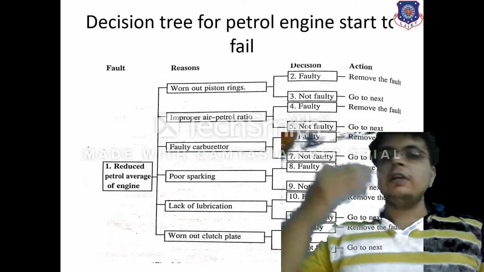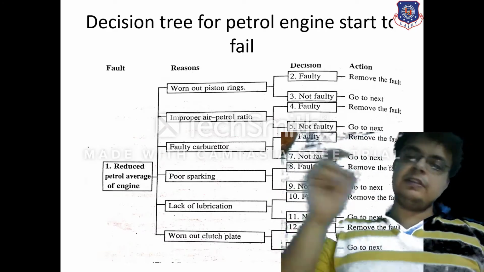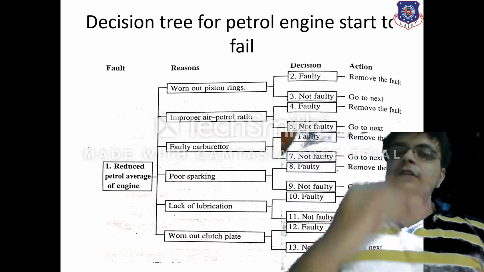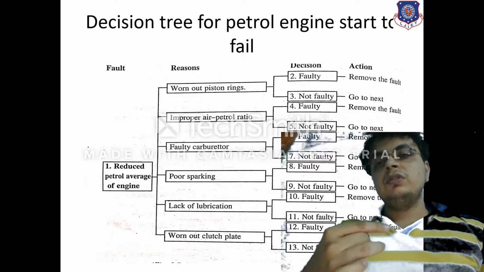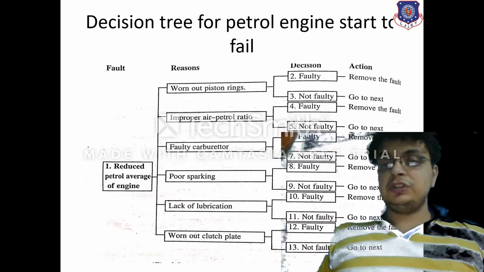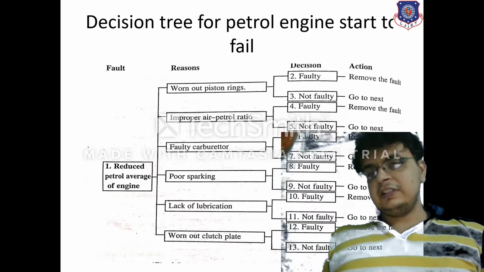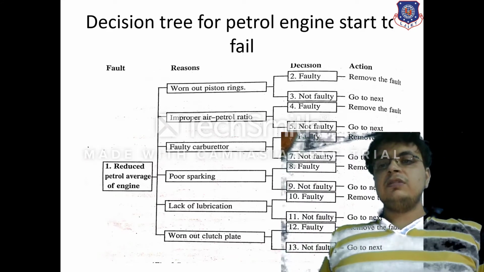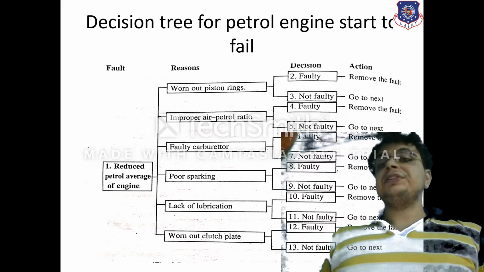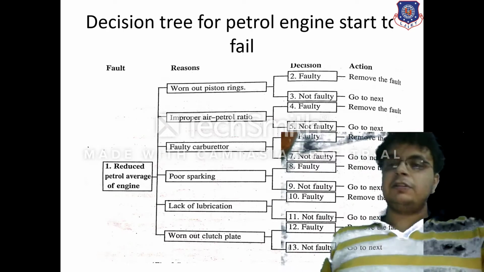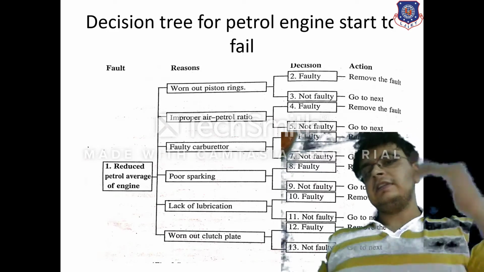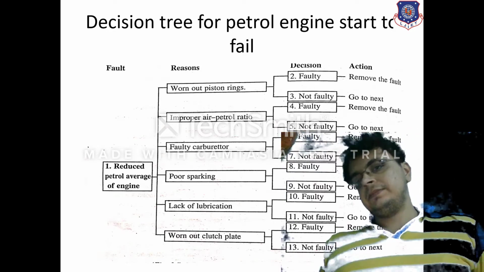Faulty means it is causing the fault, or not faulty means it is not causing the fault. If the reason is causing the fault, then we have to move towards the procedure to remove that fault. And if the reason is not causing the fault, then we have to go to the next reason and find whether it is faulty or not. So this is how the overall analysis of the faults will be made.